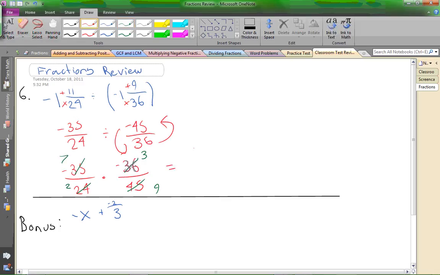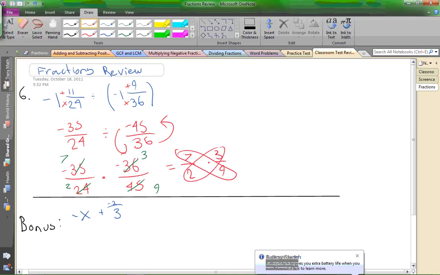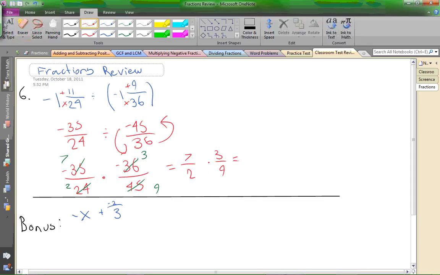So that would equal 7 over 2 times 3 over 9. And these cannot cancel anymore, neither can those. Now we just multiply them across from each other.